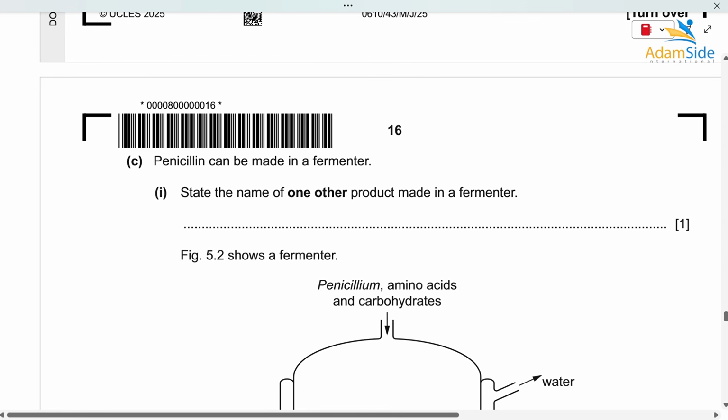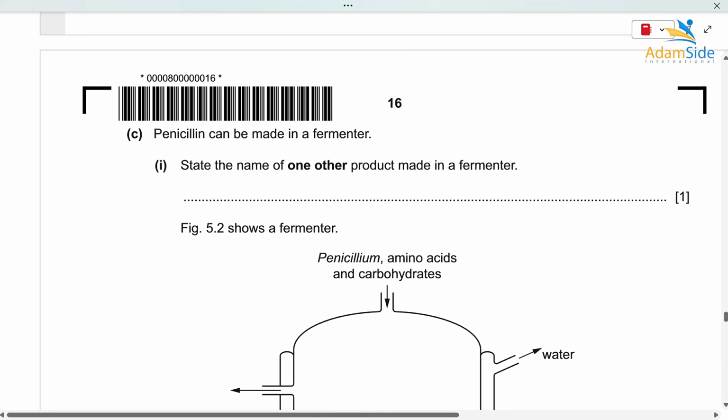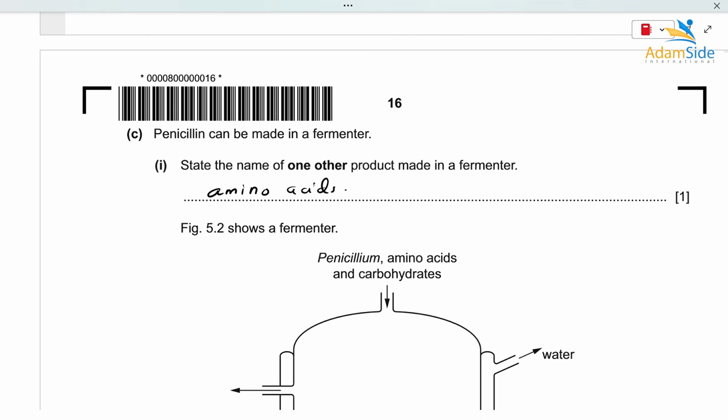State the name of one other product made in a fermenter. Apart from penicillin, we have hormones like insulin, and nutrients like amino acids. So another product made here is amino acids.